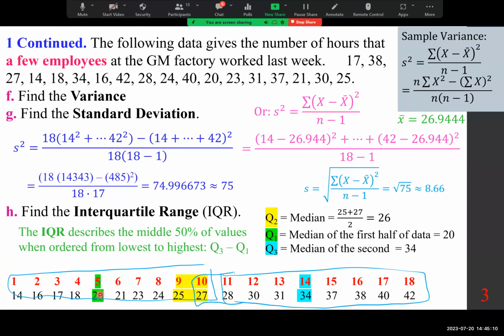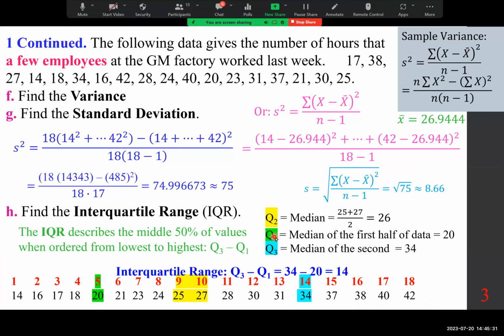So we write Q sub 2, add these two numbers divided by 2. Here's Q sub 1, here's Q sub 3. And so the interquartile range is Q sub 3 minus Q sub 1, which makes it 40.